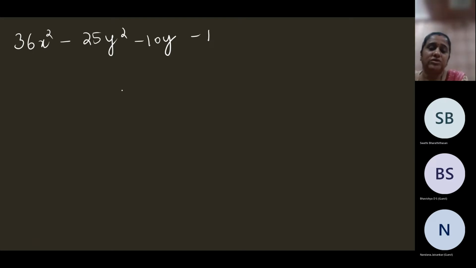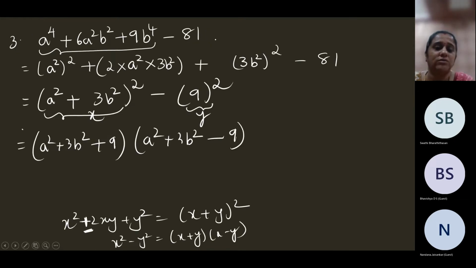So here, look at these terms. When you see the first three terms, it has a to the power 4, b to the power 4, and the middle term has a square, b square.